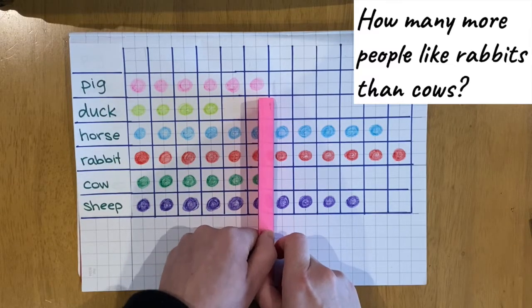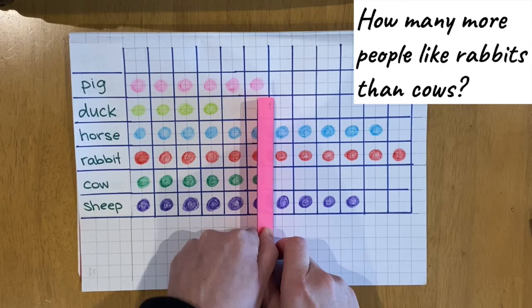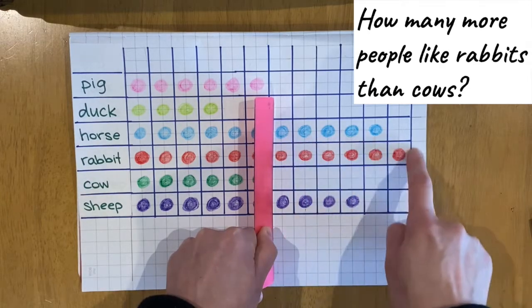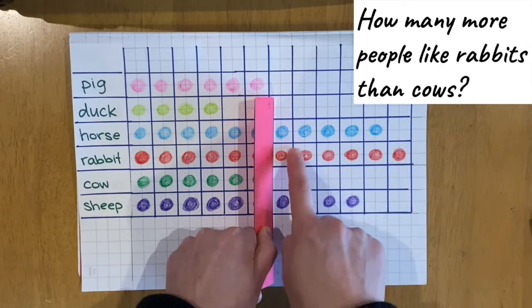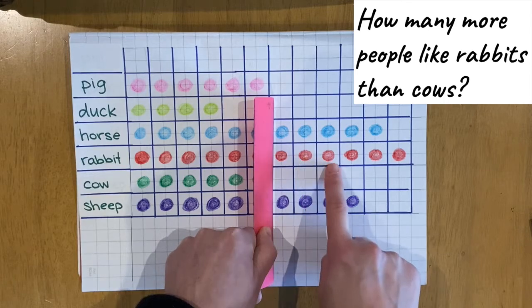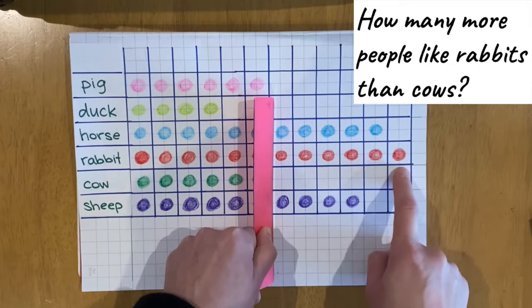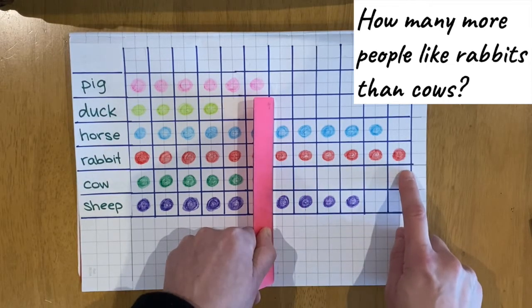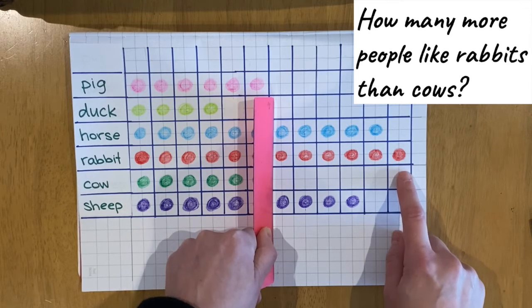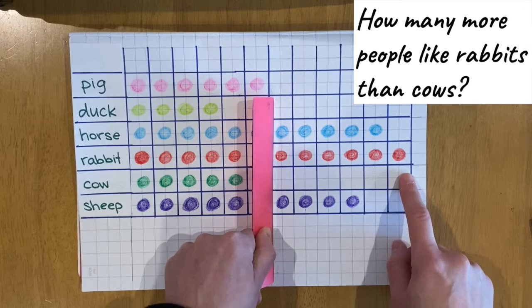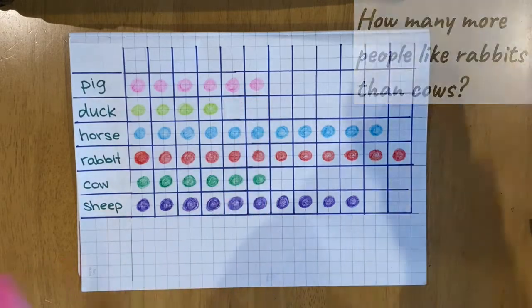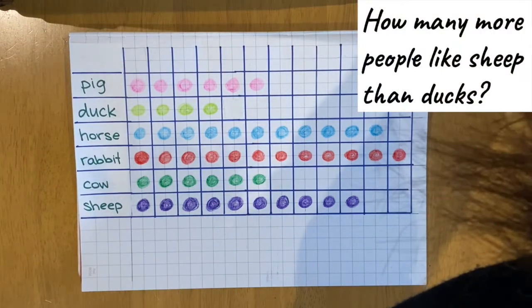So how many more people like rabbits? We're gonna look at this bit here. 1, 2, 3, 4, 5, 6. 6 more people like rabbits than cows. 6 people. Next question.